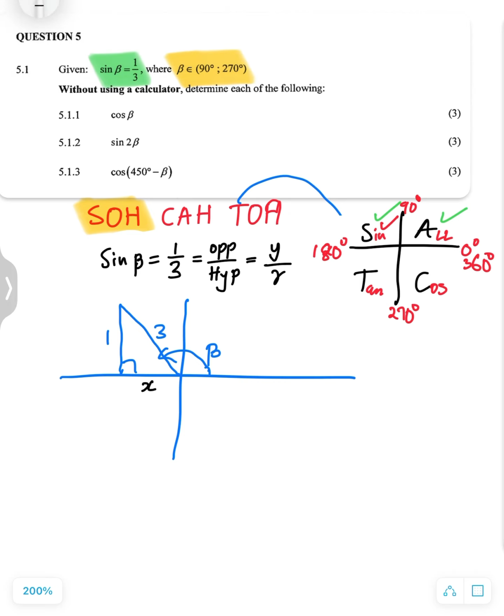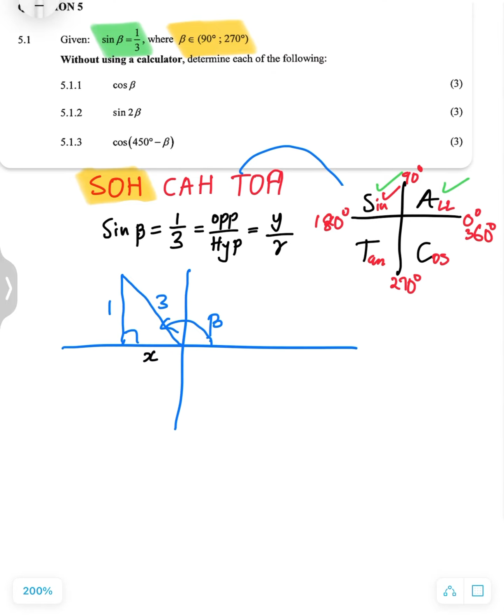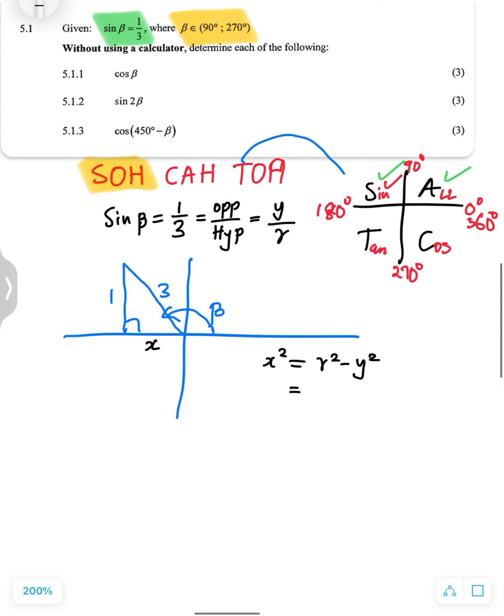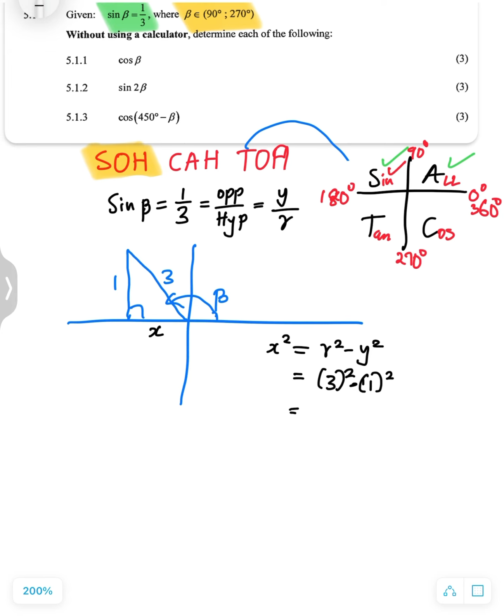We're going to use Pythagoras for that. So for x, x squared will be r squared minus y squared. Our r is 3 squared, minus 1 squared. So this will give us 9 minus 1, which is 8.